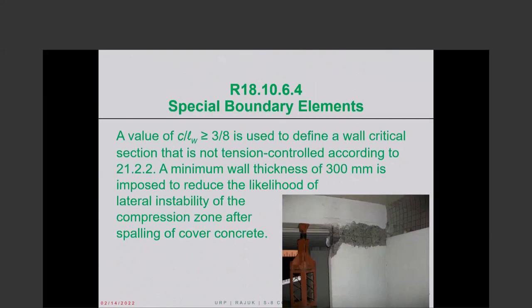Okay, and this commentary explains a value of C larger than or equal to 3/8 of L sub W is used to define a wall critical section that is not tension controlled according to section such and such. Okay, and in that case, a minimum wall thickness of 300 millimeters is imposed to reduce the likelihood of lateral instability of the compression zone after spalling of covered concrete.